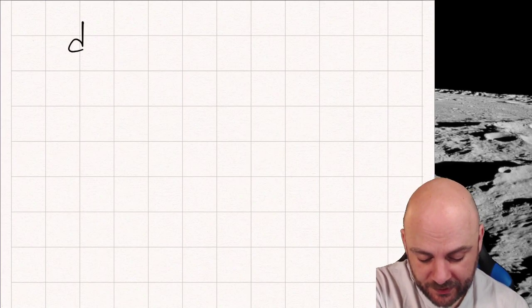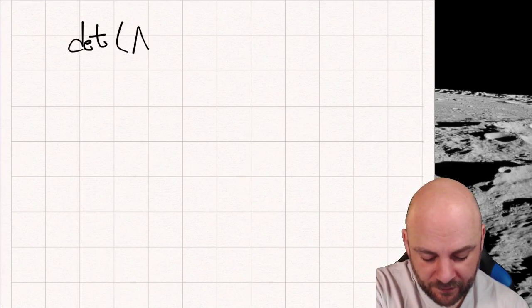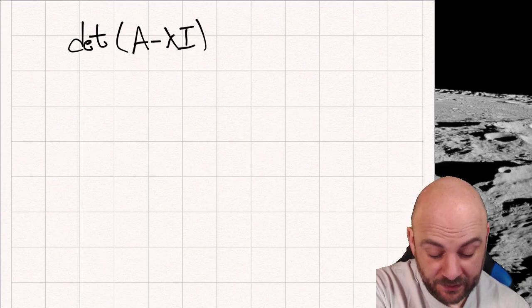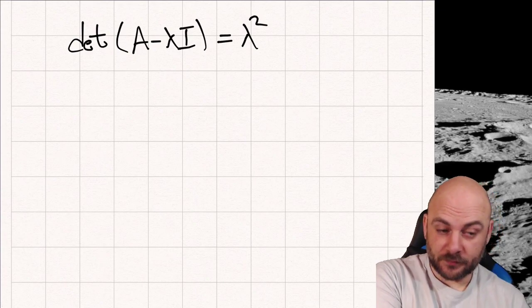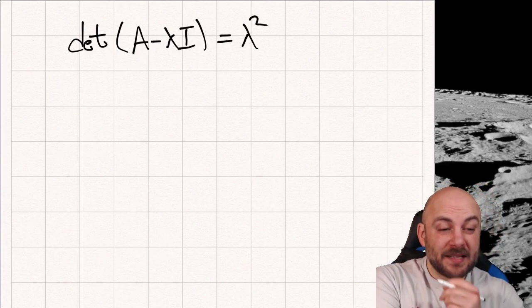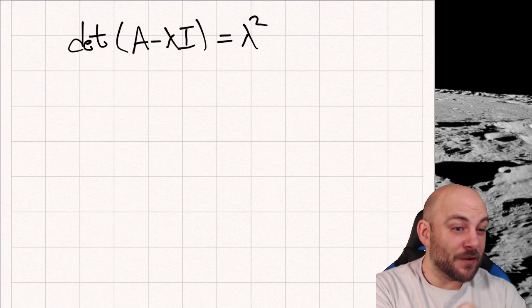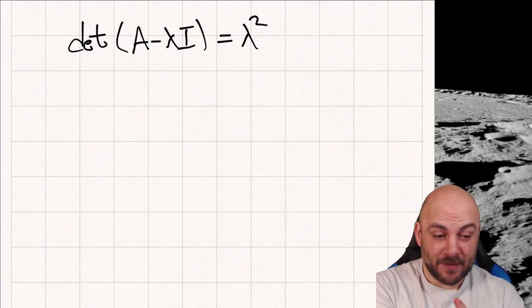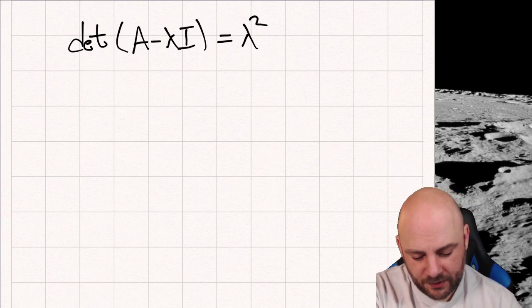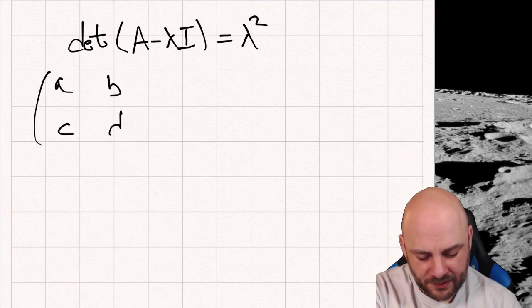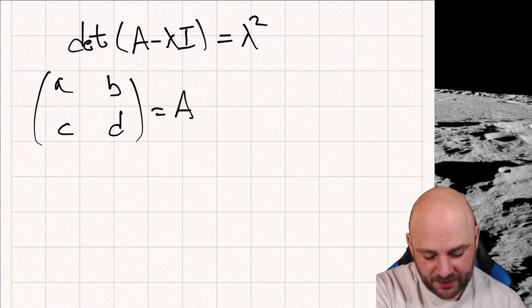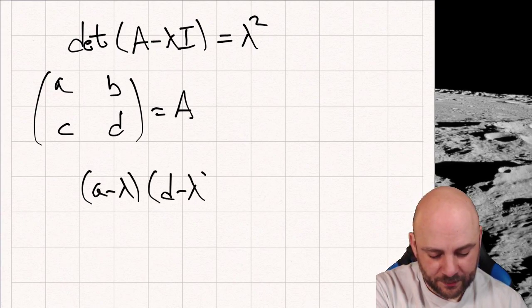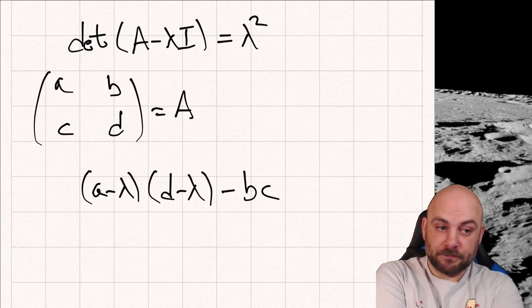That means the determinant of A minus lambda I is equal to lambda squared. Okay, that's what that means. Which means both of my diagonal elements, first off, have to be 0. Reason being, if we write down A, B, C, D, that's my matrix A. Then the determinant of A minus lambda I is (A minus lambda) times (D minus lambda) minus BC.